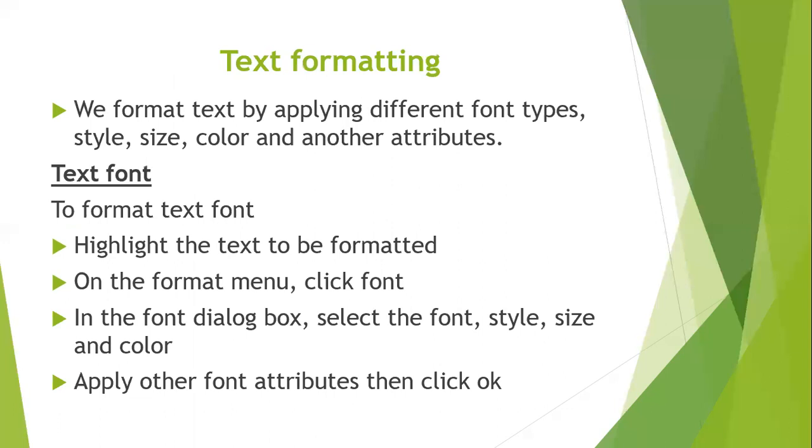To format the text font, you have to highlight the text to be formatted. Then on the format menu, you click Font. In the font dialog box, you select the font style, size, and color. Then you apply other font attributes, then click OK. So that's how text formatting works.